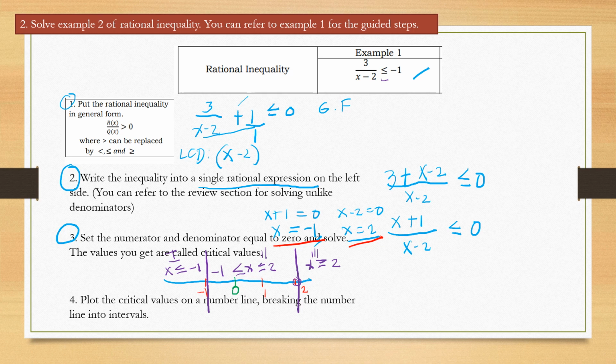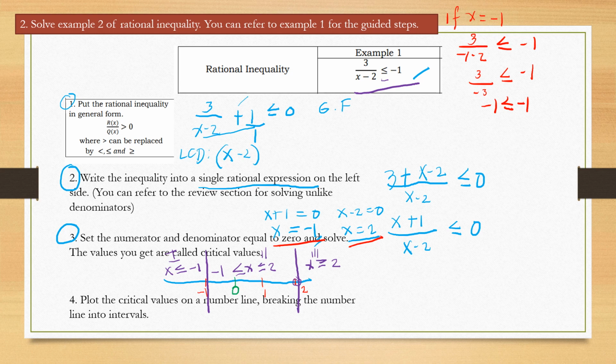First na gagawin natin, i-check natin kung ang mga critical values natin ay kasama sa solution. So, iti-test natin siya mula sa given. If x is equal to negative 1 muna gamitin natin. So, galing dito, 3 over negative 1 minus 2, less than equal to negative 1. 3 over negative 1 minus 2 is negative 3, less than equal to negative 1. 3 divided by negative 3 is negative 1, less than equal to negative 1.